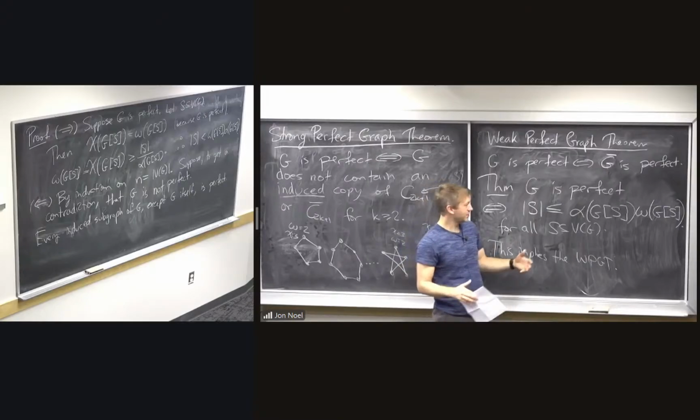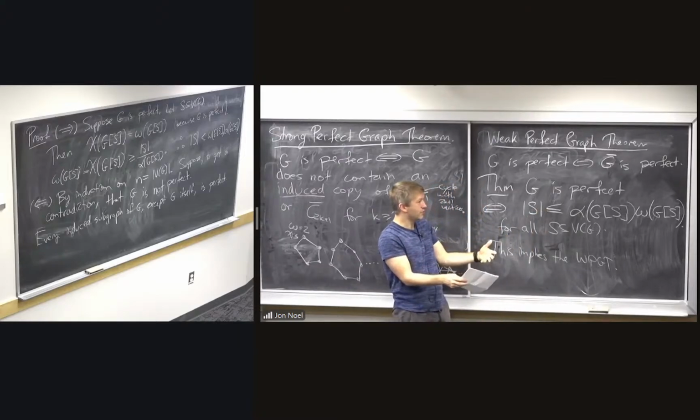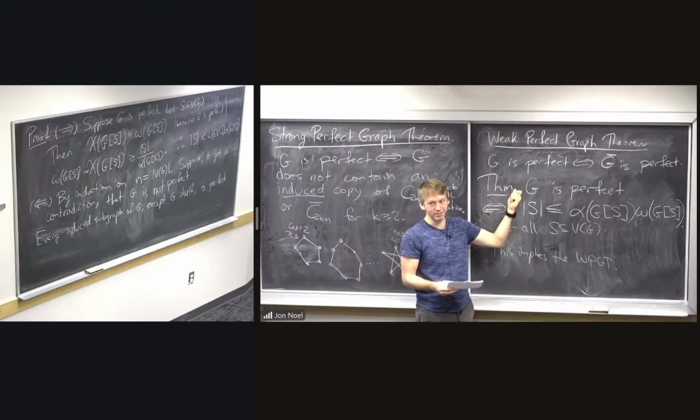If I take G and delete one vertex, that has to be perfect because it satisfies this condition for every subset of the vertices of that graph. And since we're doing it by induction, we know the thing holds for all smaller graphs. So every subgraph is going to be perfect.